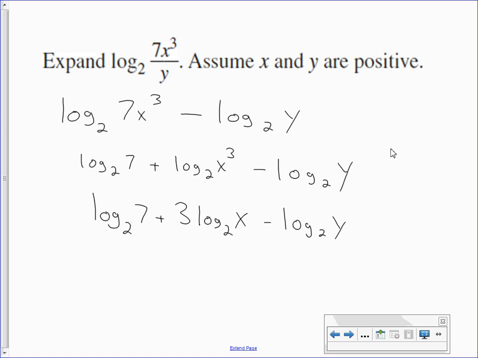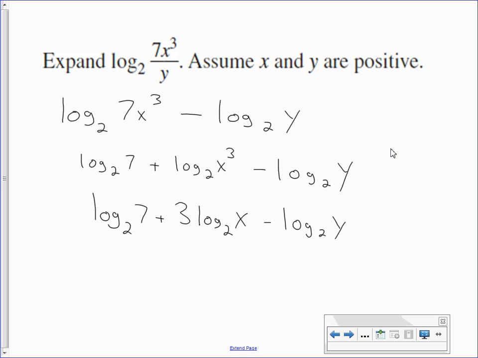All right. You see how we have this? We have the division bar right away. So whenever you see the division, all you want to do right off the bat is split it into the subtraction. I'll give you a second. Once you split it, there's nothing that you can simplify on this side, because it's just log base 2 of y.